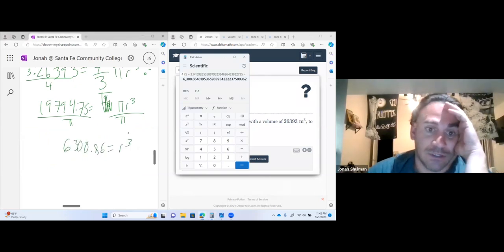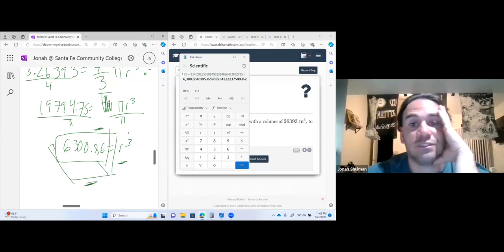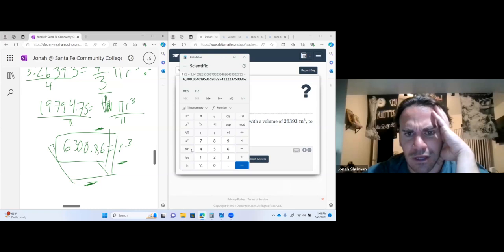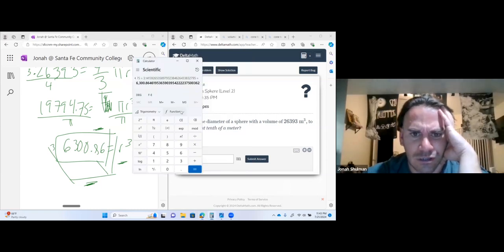So the opposite of a square is square root. The opposite of a cube is literally a cube root. So we have to figure out what number times itself once, twice, 3 times gives us this. They don't have a cube root function on here. We have square root.